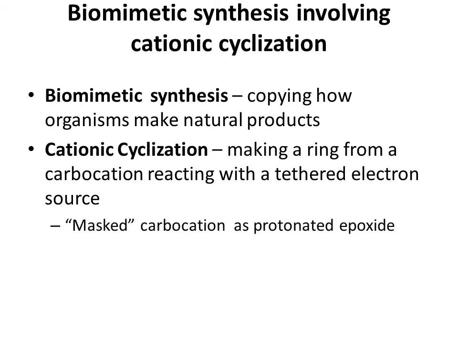For example, a protonated epoxide can act as a masked carbocation. Its electron sink will pull electrons from a nearby tethered pi bond to make a ring. Relief of ring strain from the epoxide opening drives the process.